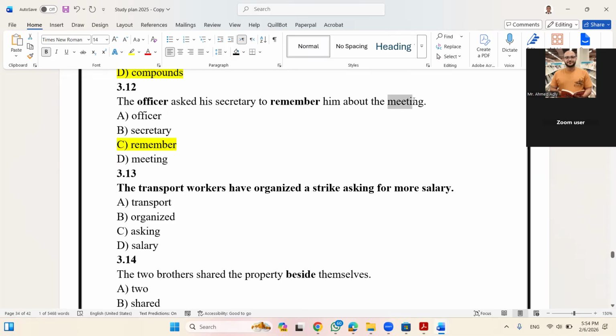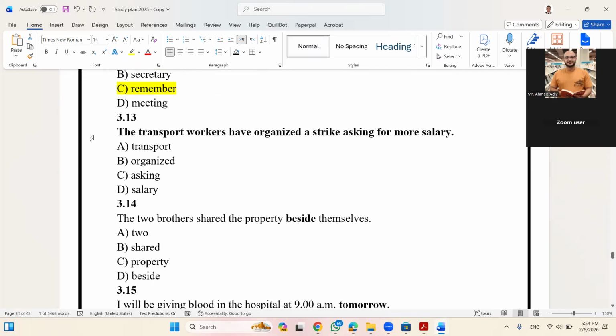All right? Next. The transport workers have organized a strike, asking for more salary. What is it about?